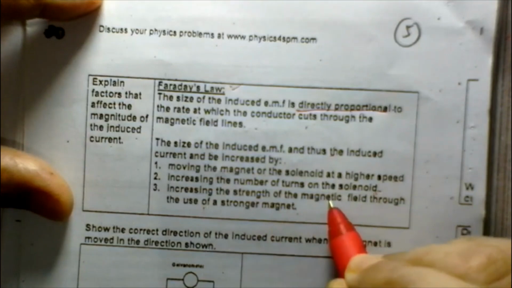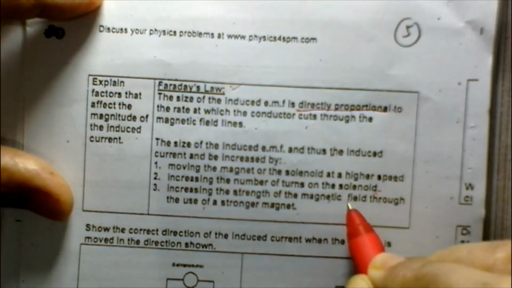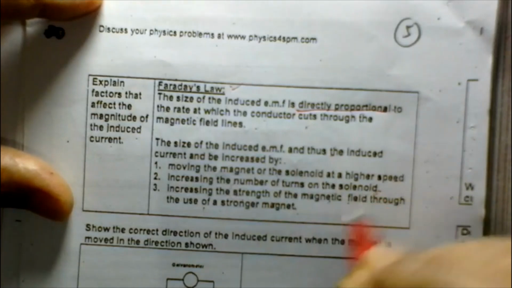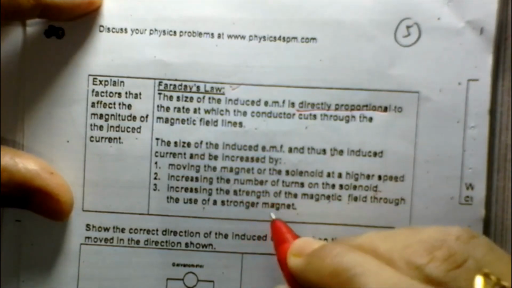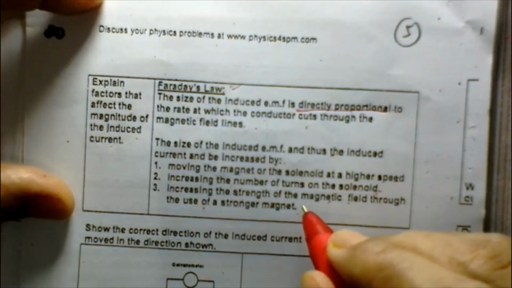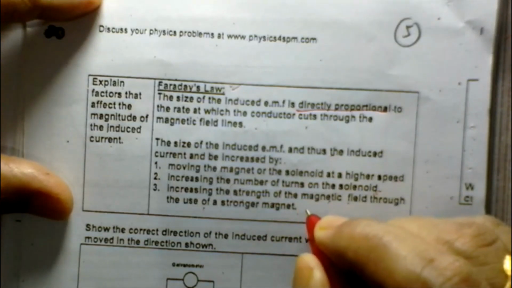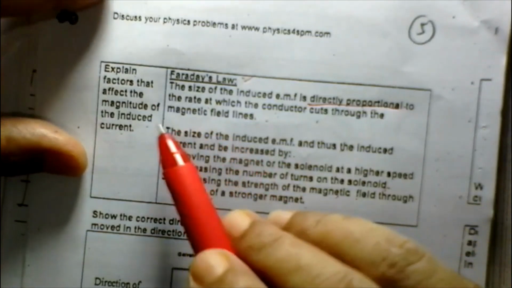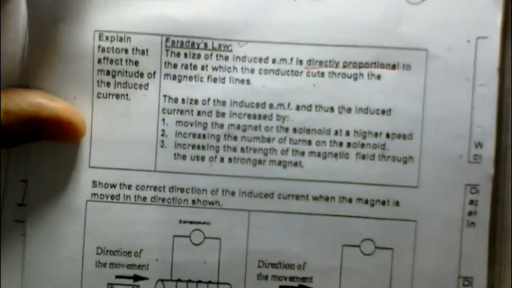Increasing the strength of the magnetic field: when the field is stronger, there are more magnetic field lines closer to each other, so it will produce larger cutting of magnetic field or larger change in magnetic flux. So these are the factors that affect the magnitude of induced current.